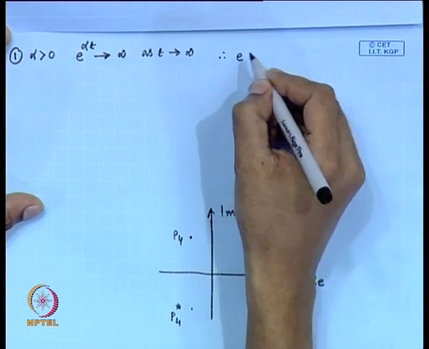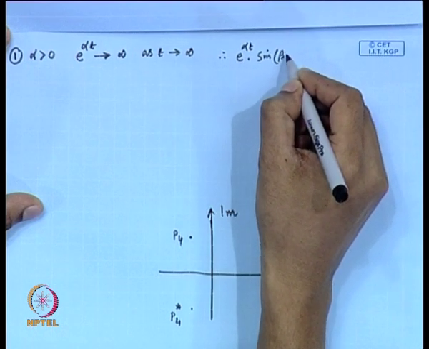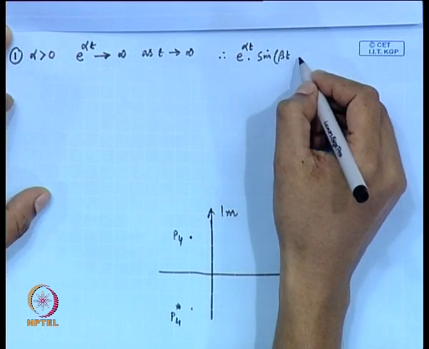Then what will be exponential of alpha t multiplied by sine beta t plus phi?